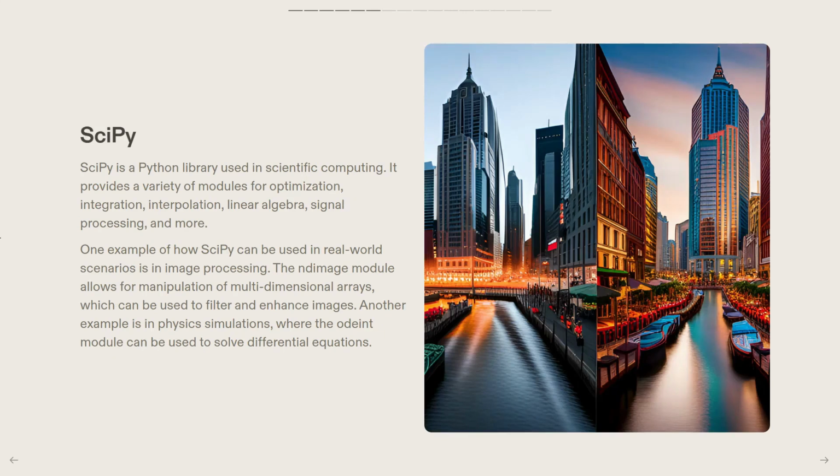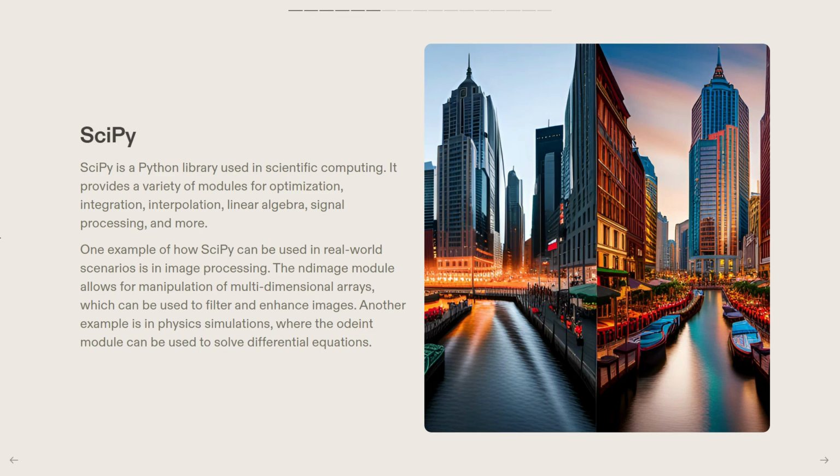SciPy is a Python library used for scientific computing. It provides a variety of modules for optimization, integration, interpolation, linear algebra, signal processing, and much more. One example of how SciPy can be used in a real world scenario is in image processing, how images are optimized.